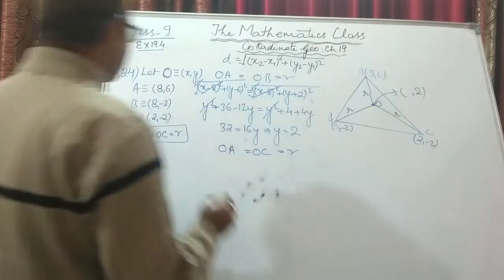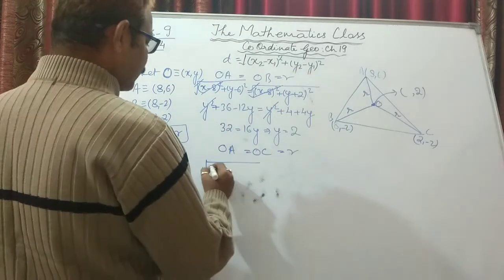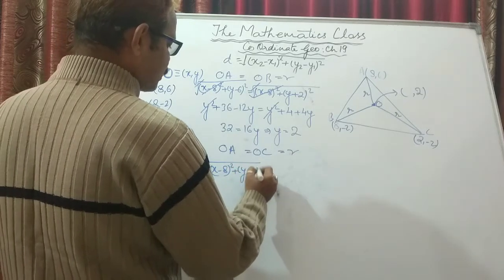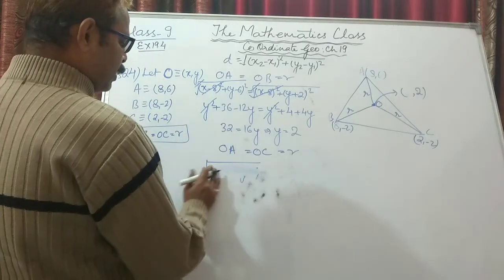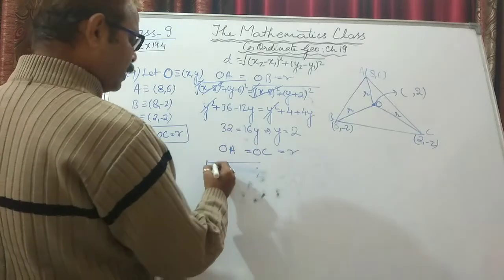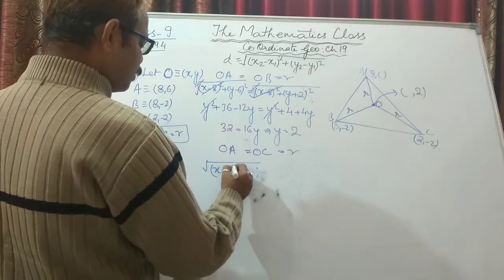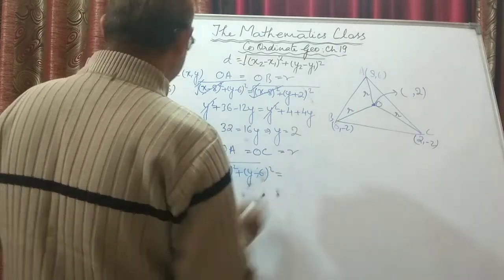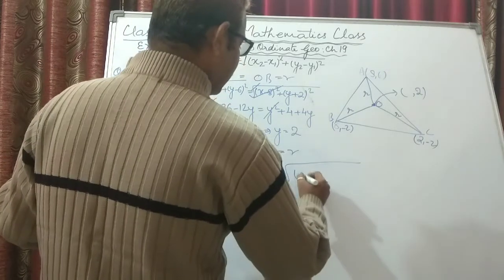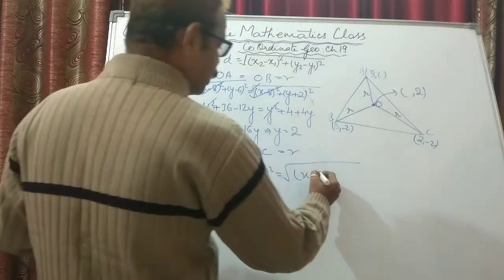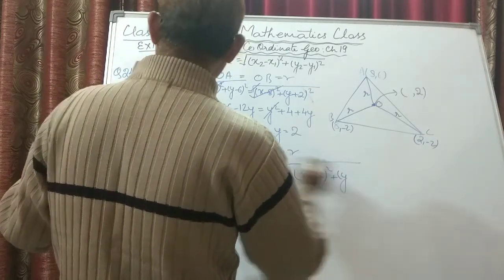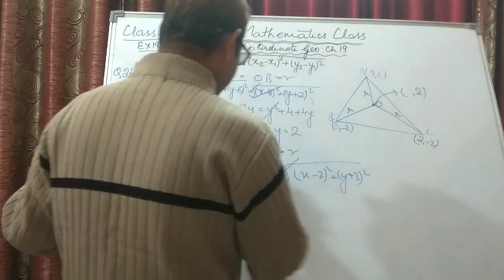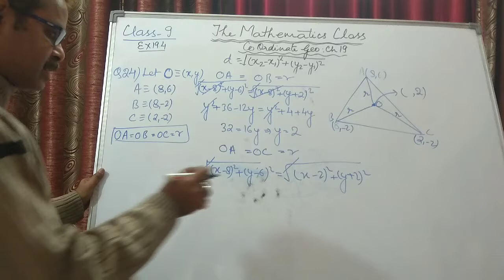OA is under root (x minus 8) whole square plus (y minus 6) whole square, and that is equal to OC, which is (x minus 2) whole square plus (y minus of minus 2, means plus 2) whole square. Root and root cancelled because we have squared both the sides.